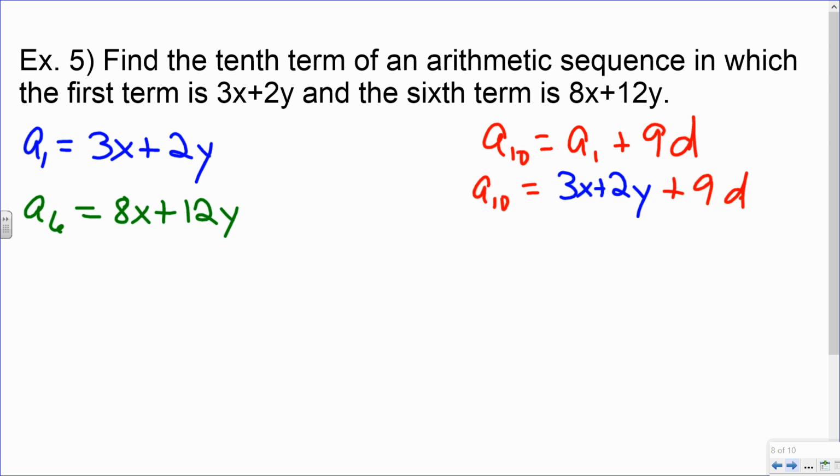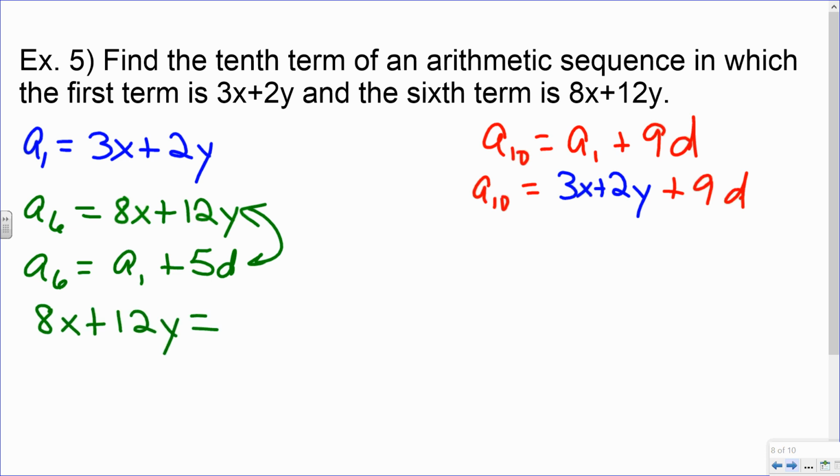What else do I know about the 6th term? Ian, what would my formula for the 6th term say? So if these are both A6, these two have to be equal to each other. So 8x plus 12y needs to be A1, but A1 is 3x plus 2y, and then I've got my plus 5d.